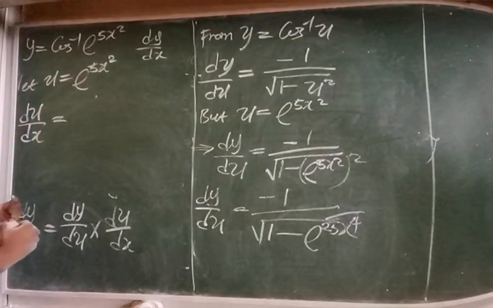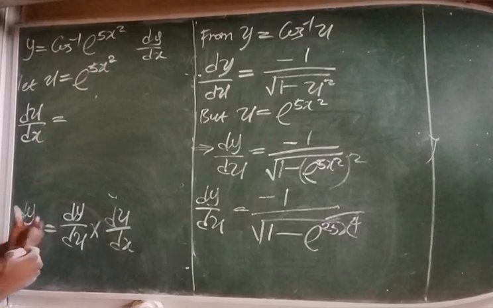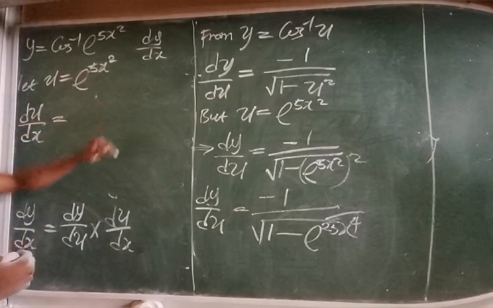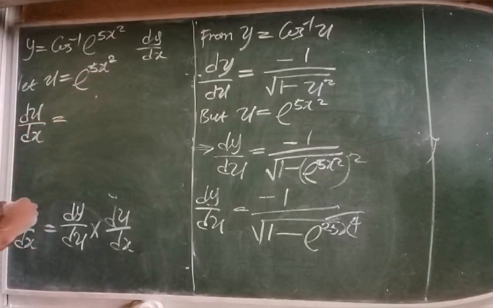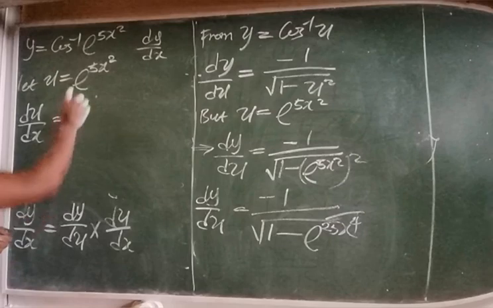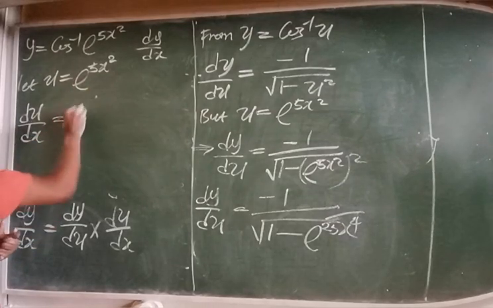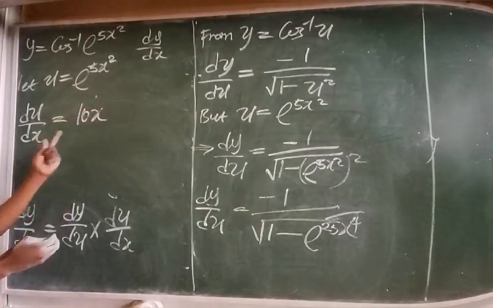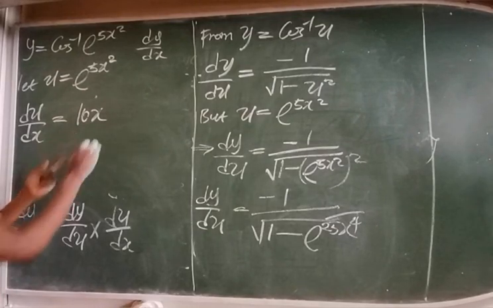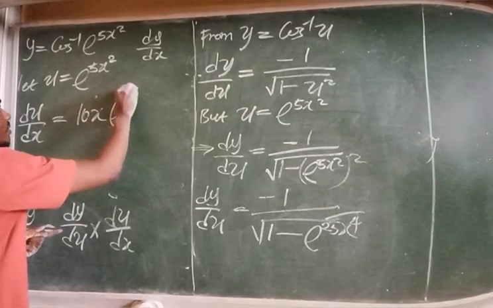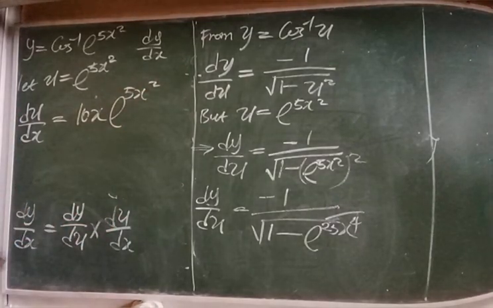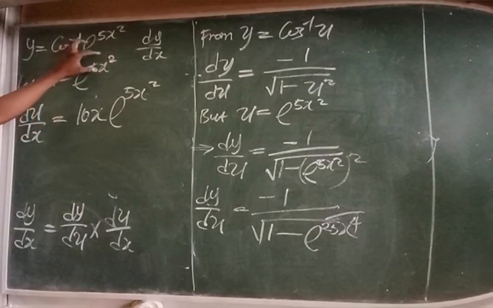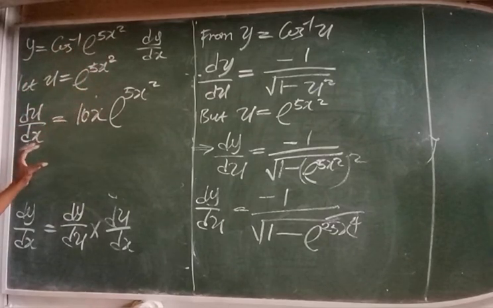Use that derivative to multiply the exponential function itself. The power of this exponential function is 5x squared. If I differentiate 5x squared, I will simply have 10x. Use this derivative now to multiply the exponential function itself, exponential 5x squared. This gives me du dx. Simply differentiate the power, use that derivative to multiply the exponential function. That's how to differentiate an exponential function.